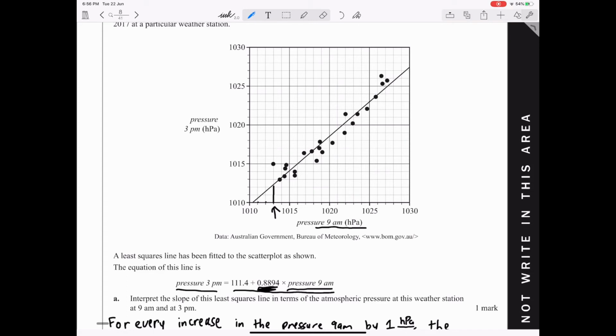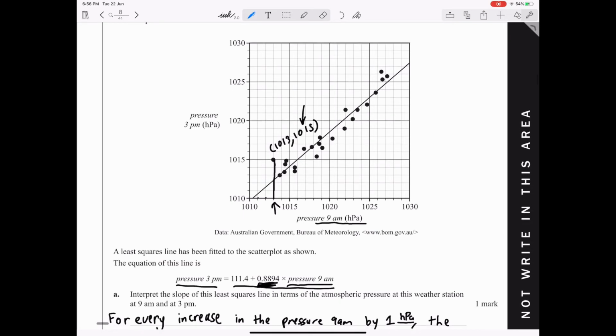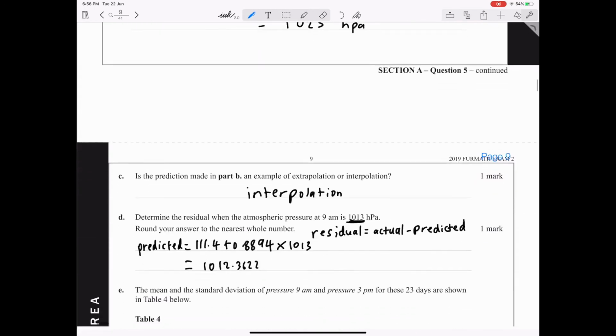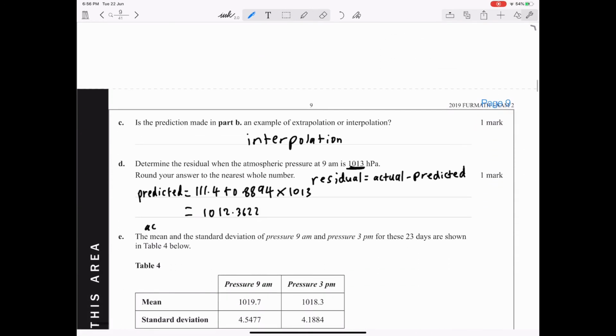So you go up and you look where the dot is. And the dot for this is representing the point 1013 and 1015. So actual value is the y value for this point, which is 1015. So we know the actual equals 1015.